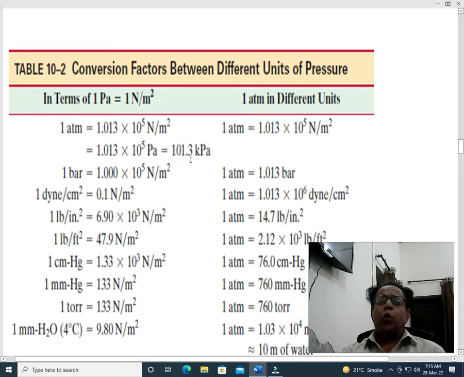So this value in kilopascal is given in this statement. Even if this value is not given in this statement, we can find this value from here.